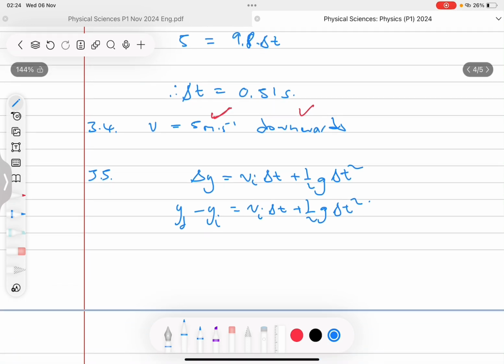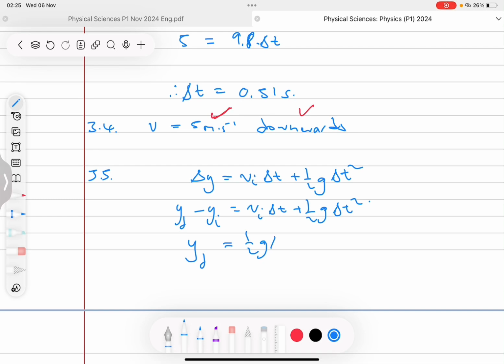Now I'm going to rearrange this so that I take the y initial to the other side. So I'm going to be left with y final here, and I'm also going to rearrange this so that I start with this guy here. I'm putting him here in front.